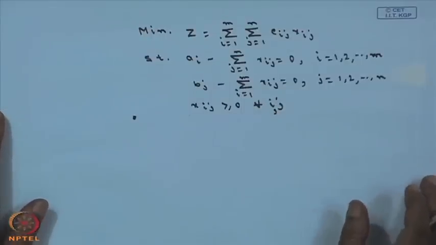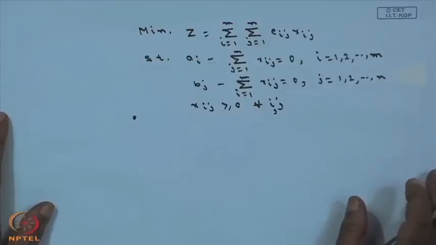This transportation problem has m cross n variables and m plus n constraints. If you want to solve it using the dual method, the dual of this problem will have the opposite: m plus n variables and m into n constraints.